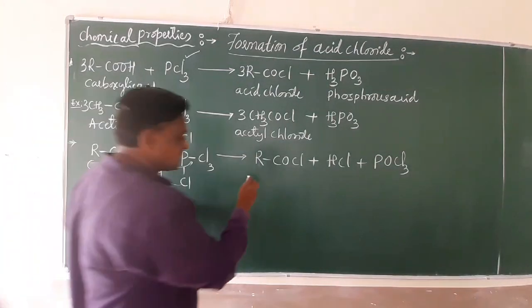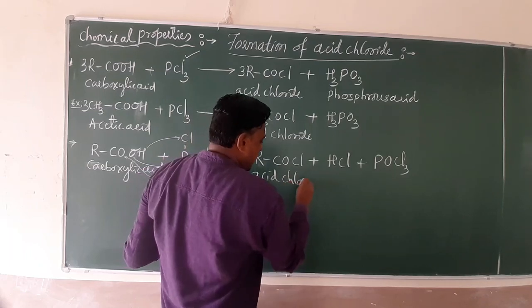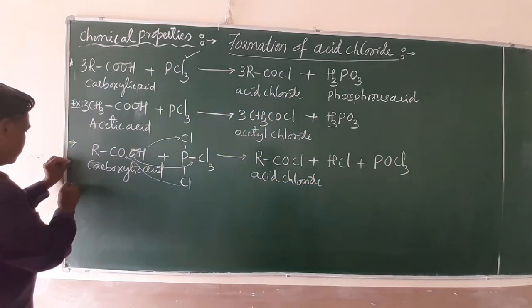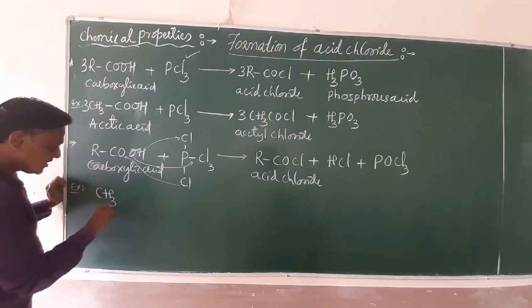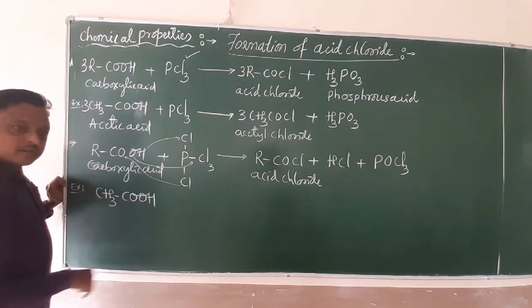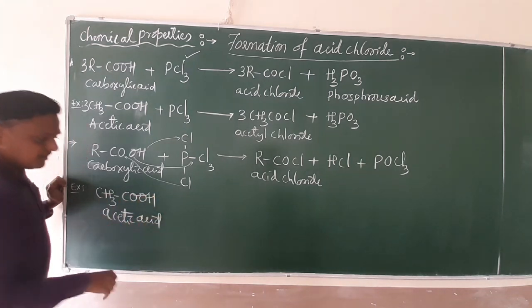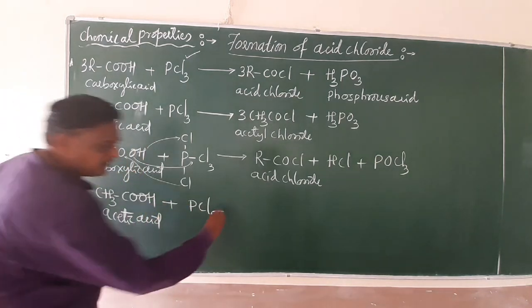Yes, carboxylic acid can easily form an acid chloride and phosphorus oxychloride. By using an example for this, consider CH3COOH, acetic acid, reacting with phosphorus pentachloride, PCl5.